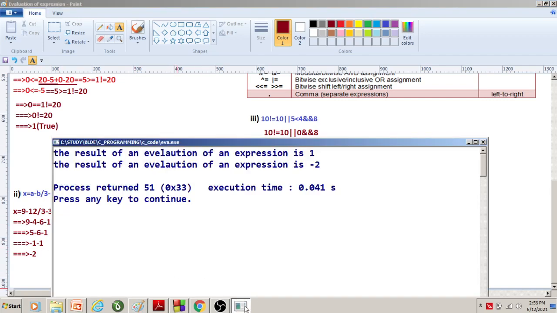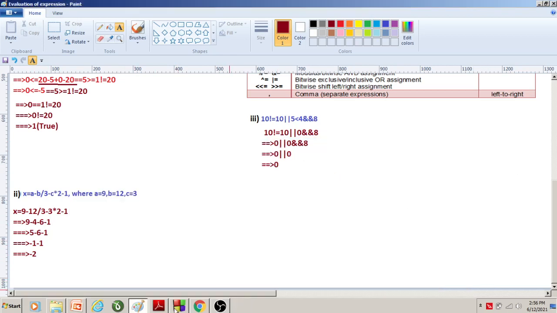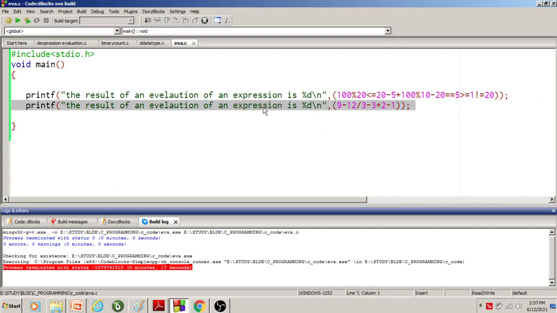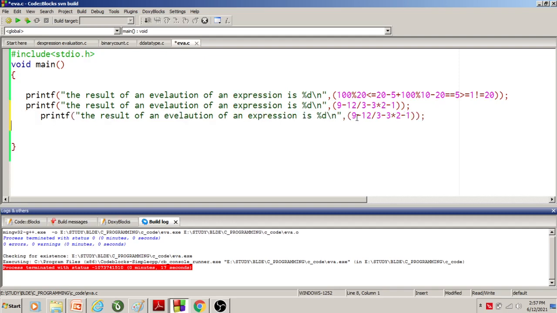So let us check with the third one. I just copy this instruction and paste it here. Here I enter the third expression, that is 10 not equal to 10, or 5 less than 4 ampersand 8.